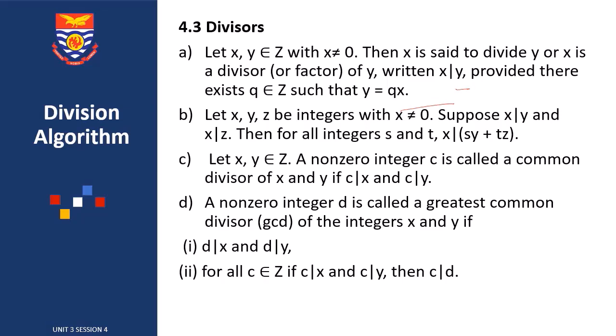Secondly, for all c a member of Z, if c divides x and c divides y, then c divides d. Once this condition is satisfied, then we say that it's the greatest common divisor. That is very interesting.